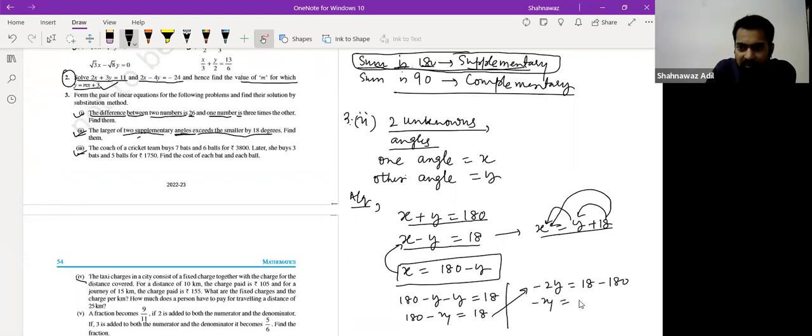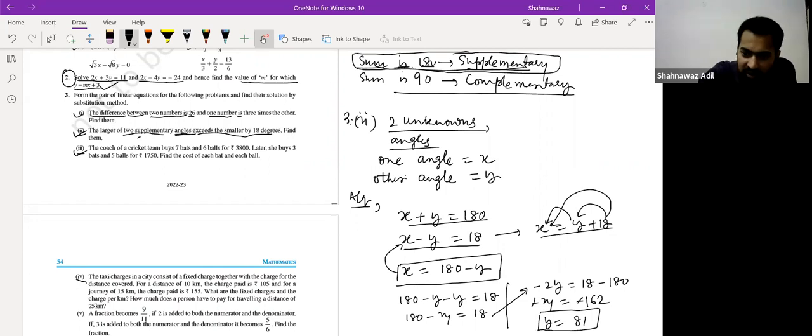So this will be minus 162, and the minus cancels. So 2y is 162. Y is what? 81. So y is 81.